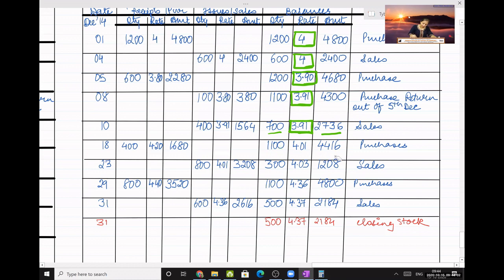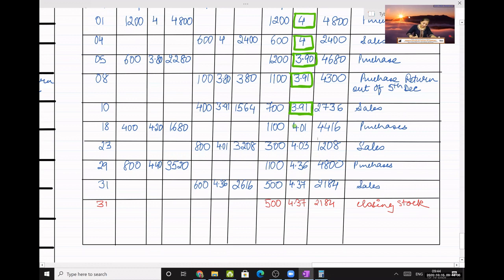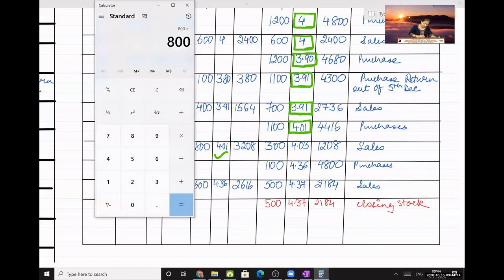Right. Then again there is a sale. So this is my weighted average I just showed you. So give away at that rate. So 800 into 4.01, 3208.